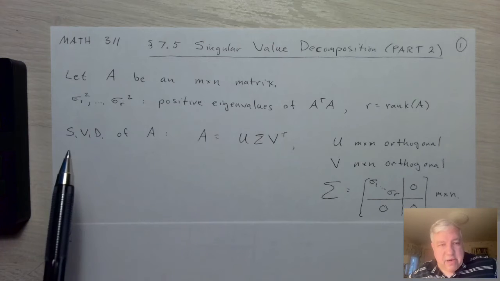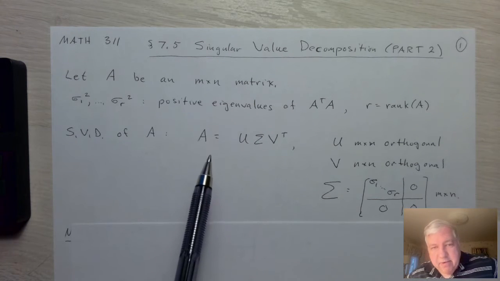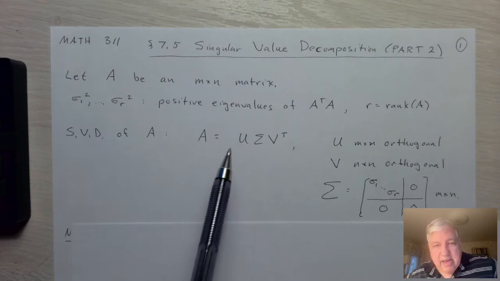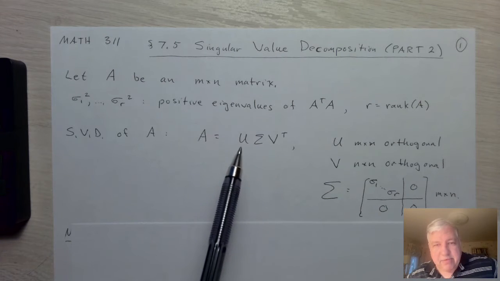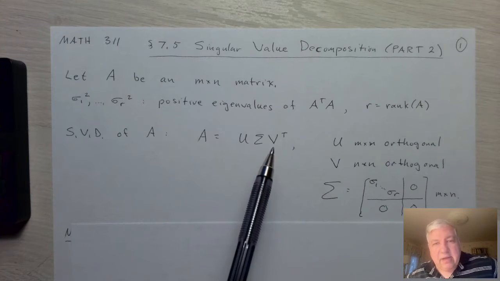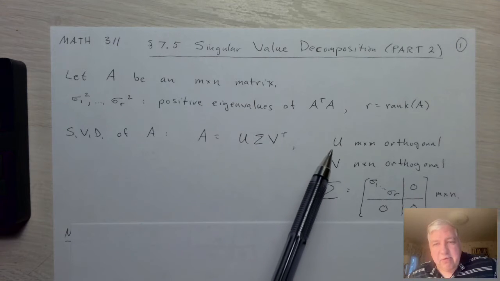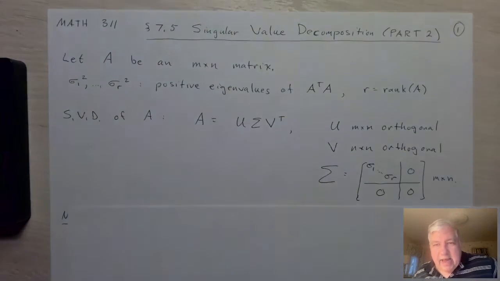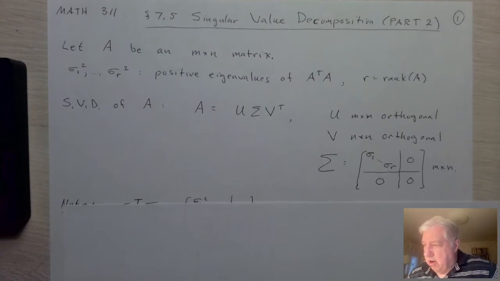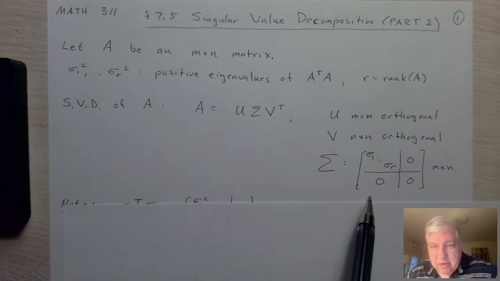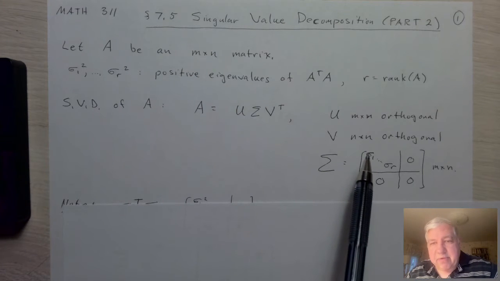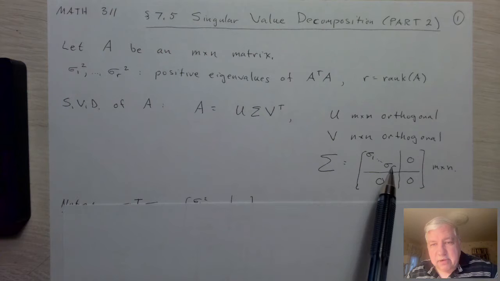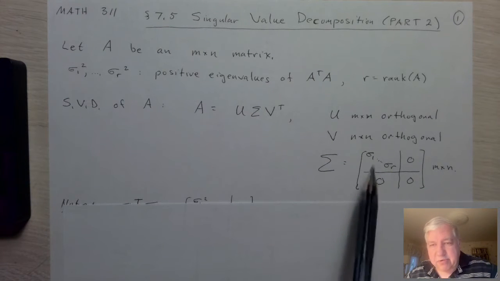Now the singular value decomposition of A, remember, means we can write A as a product of these three matrices, U, sigma, and V transpose, where U is an m by m orthogonal matrix, V is an n by n orthogonal matrix, and sigma is this almost diagonal matrix, where the first r elements on the diagonal are the singular values, and you have zeros everywhere else.